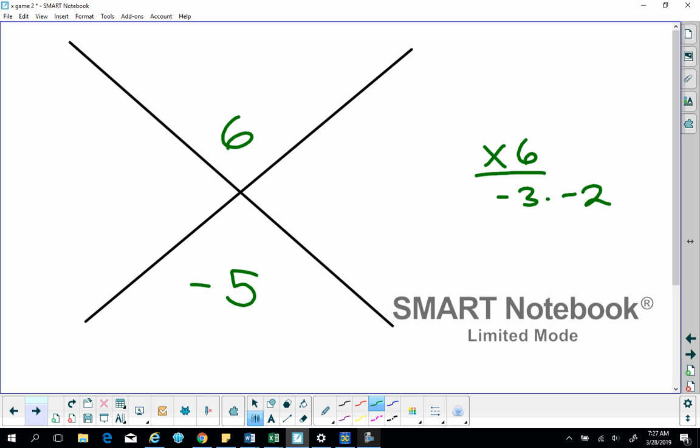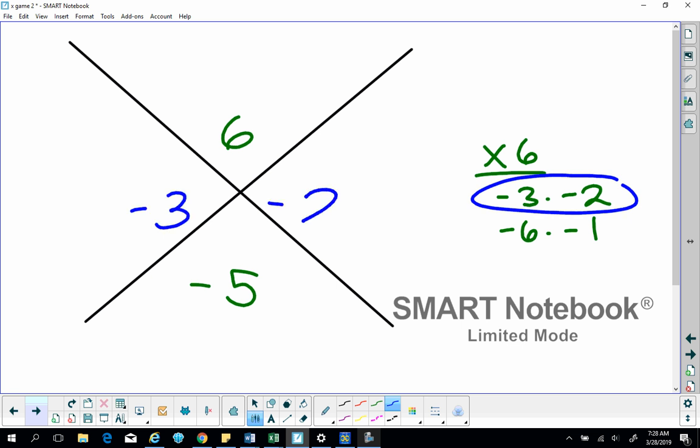What else multiplies to 6? -6, -1. Out of those, which ones add to -5? Yeah, because that would add to -7. Ding, ding, ding. So we know when we're multiplying to a positive and adding to a negative, they both got to be negative.